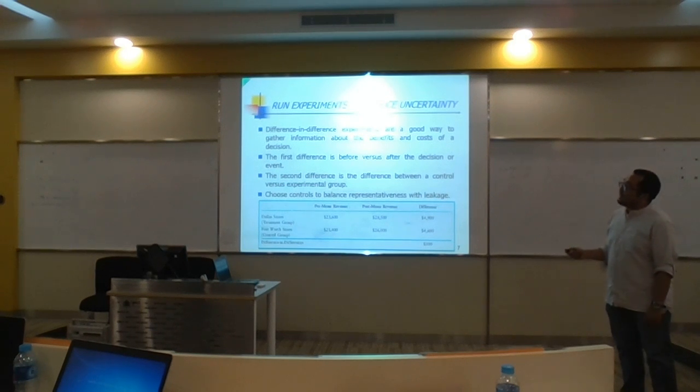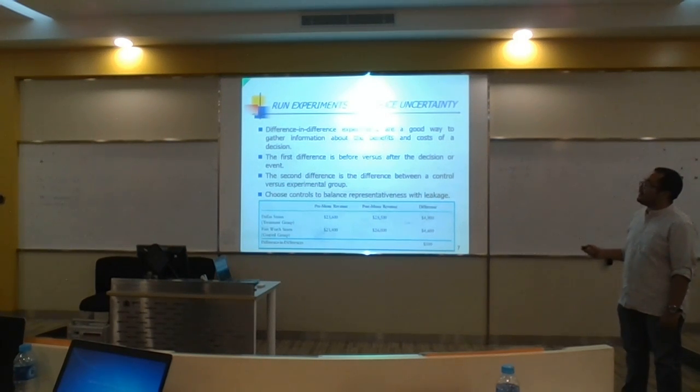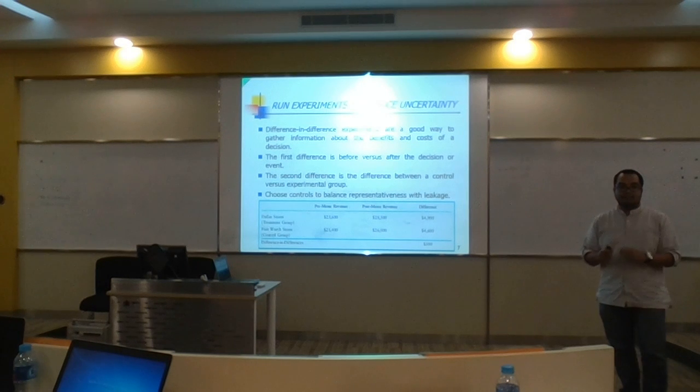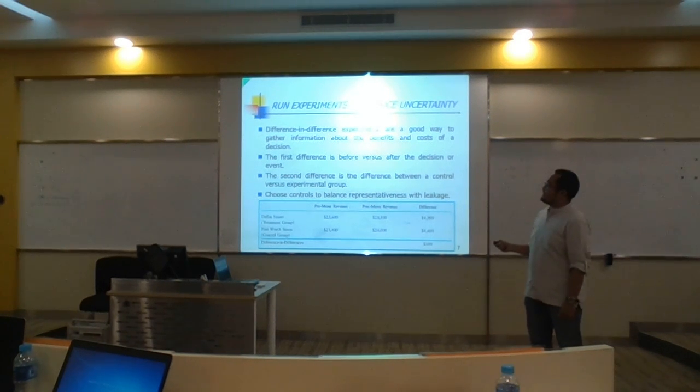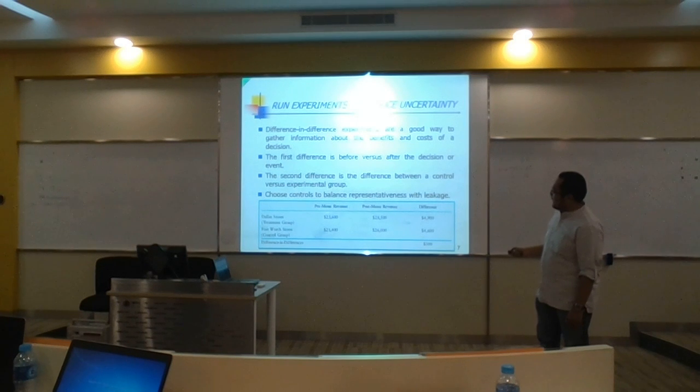Economists call this difference in differences. So there are actually two differences. One is before and after treatment. The second one is the difference between these. So based on this, there is no significant difference.